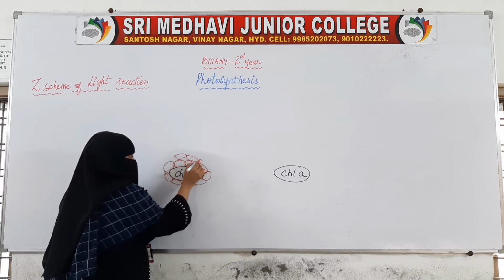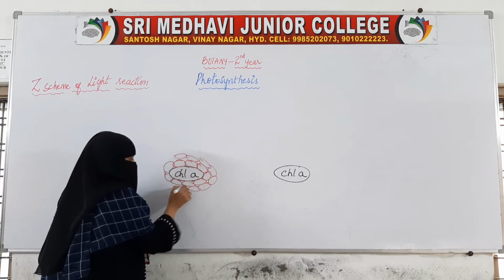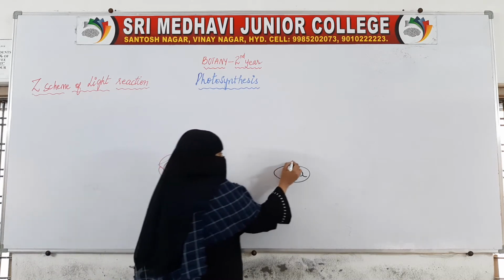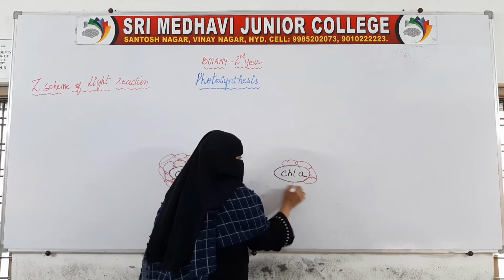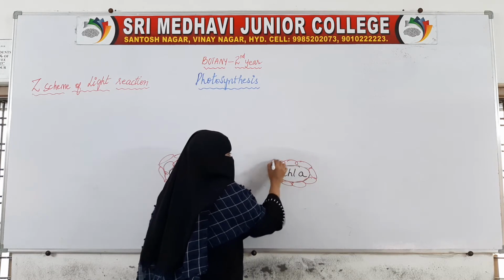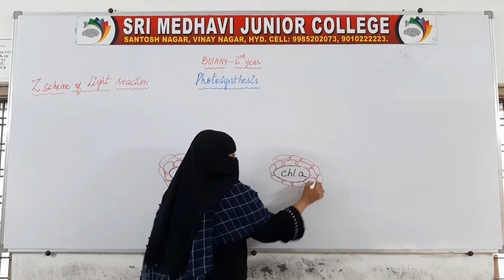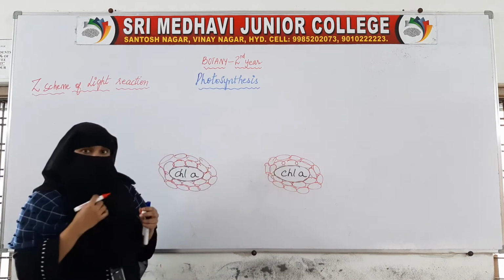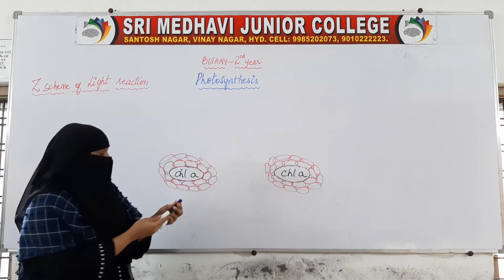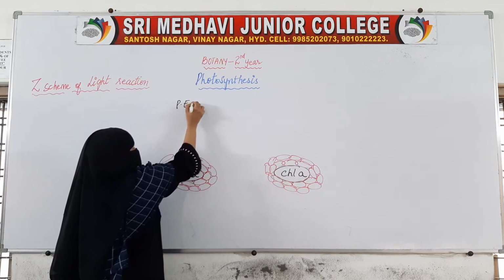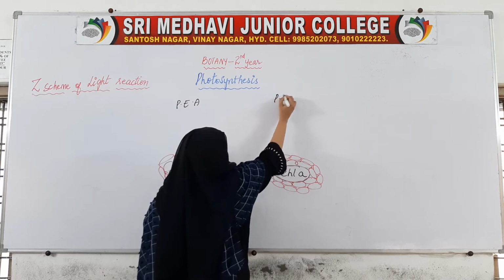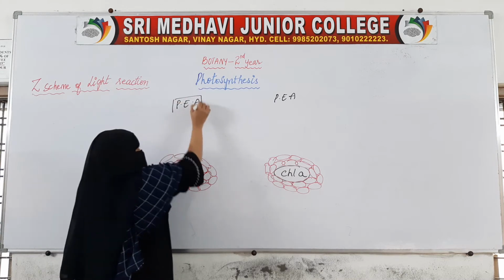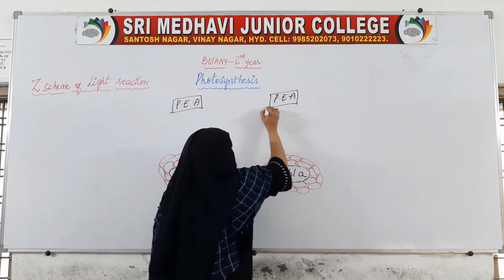The light harvesting complex is made up of chlorophyll and accessory pigments. This is one light harvesting complex, and this is the second light harvesting complex, or antenna complex. These two complexes each come with a primary electron acceptor. This makes photosystem 1 and this makes photosystem 2.